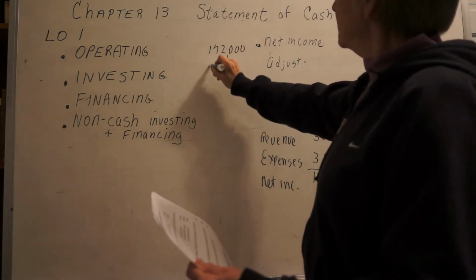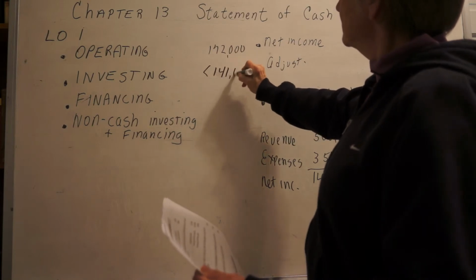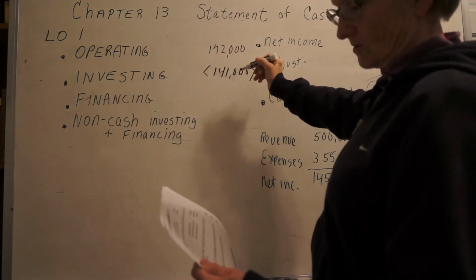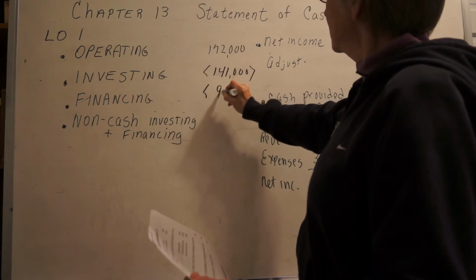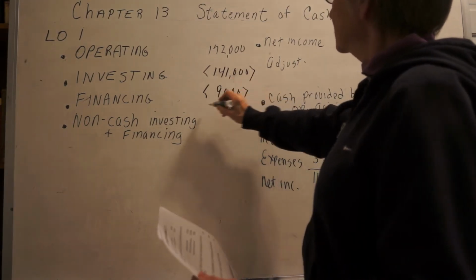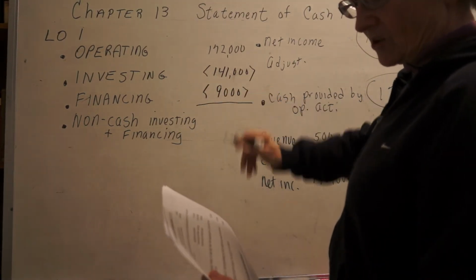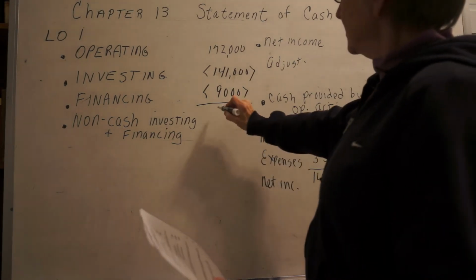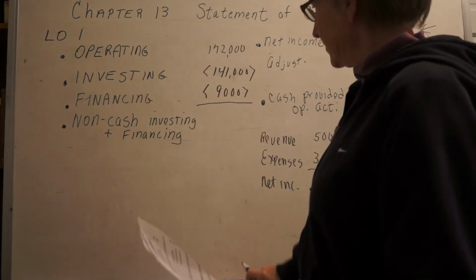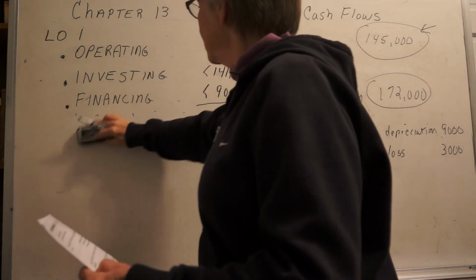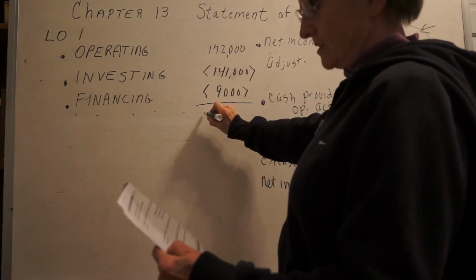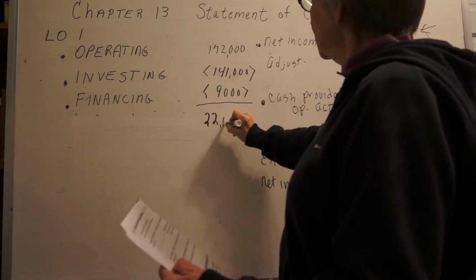We used up 141,000 in investing activities, and we used a net of 9,000 for financing activities. When we add all of those up, and leave off this non-cash for the moment, we end up with the change in cash of 22,000.